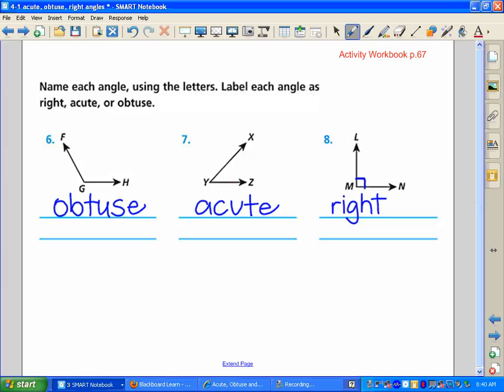What I want you to do, for each of these 3 angles, is put a dot on the vertex. Put a dot on your vertex right now.